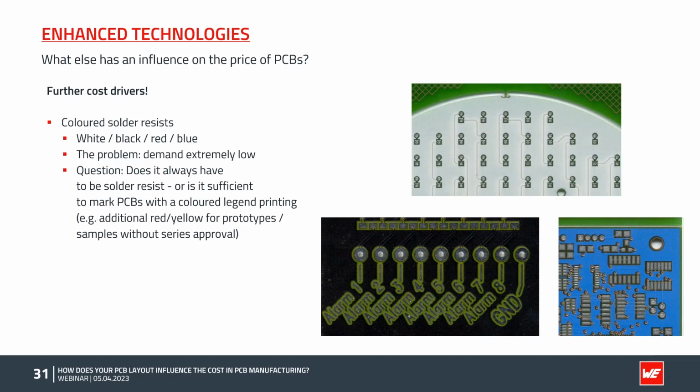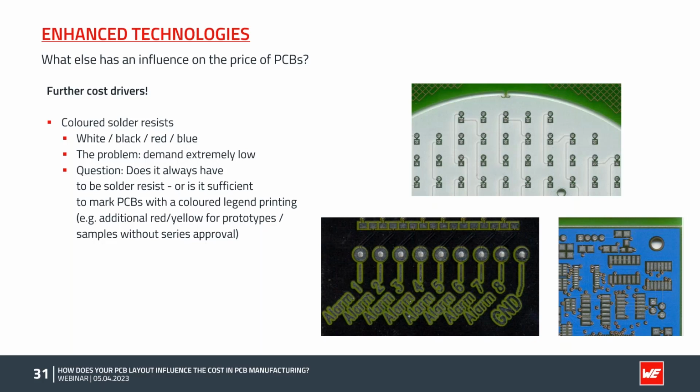We know that a lot of you would, for example, like to have a red solder resist to mark your PCBs as prototypes or samples without a series approval, so that everyone in your fab knows those are pieces which are not allowed to leave the fab and to go to your customers.